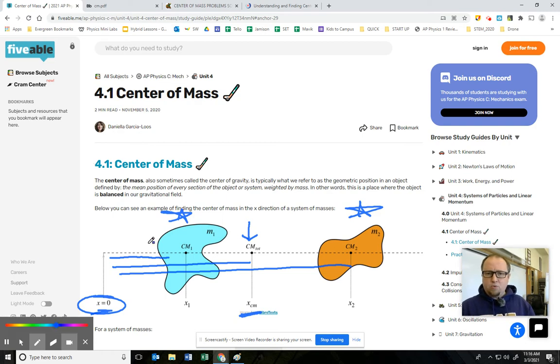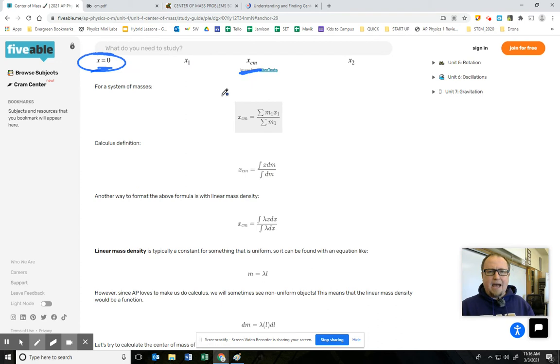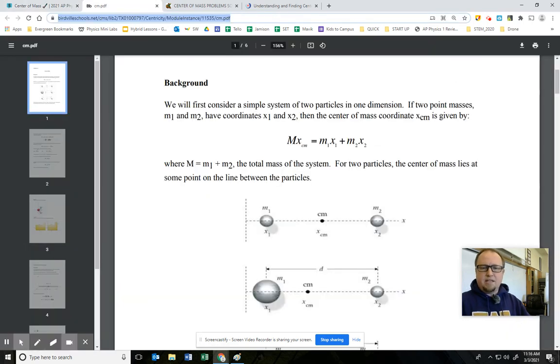So let's scroll down on this. It says here, for a system of masses, this is your setup. I want you to see what this means. Let me click on this one, which is a little better. The big M, total mass, times X of the center of mass.